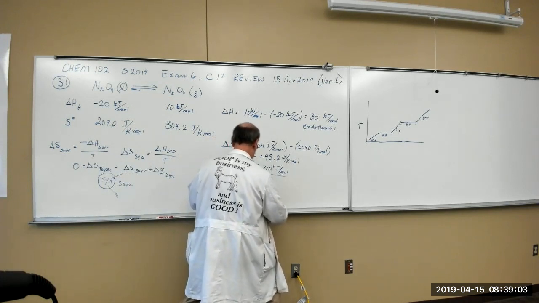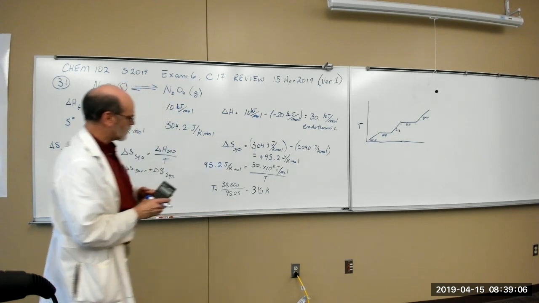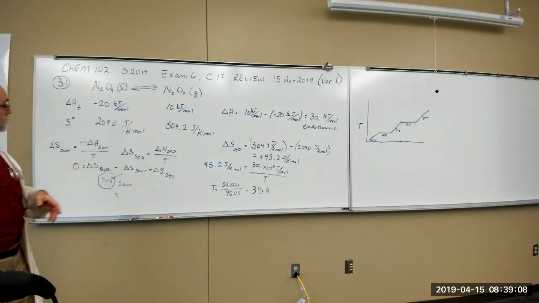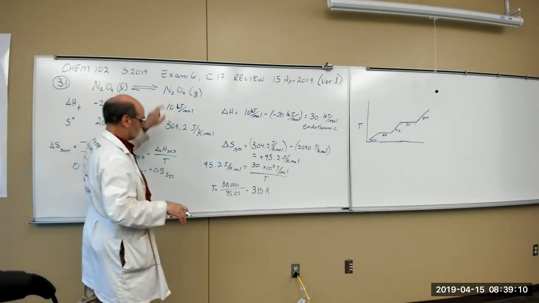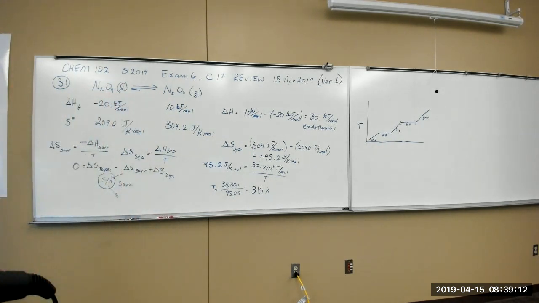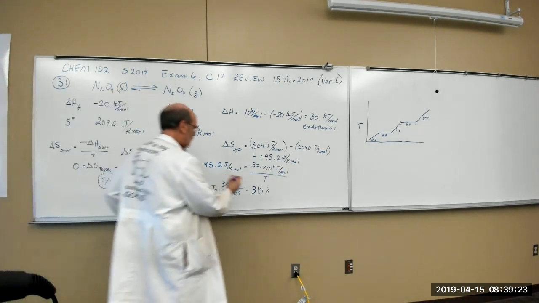I get 315 K. So that should be the boiling point of this liquid to that gas. We changed the kilojoules to joules. Oh, centigrade, I'm sorry.